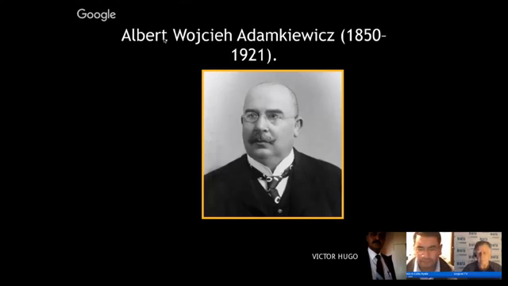Let's talk about the surgical anatomy, vascular anatomy of the spinal cord. As you know, Albert Adamkiewicz was the first to inject some veins and arteries of the spinal cord.